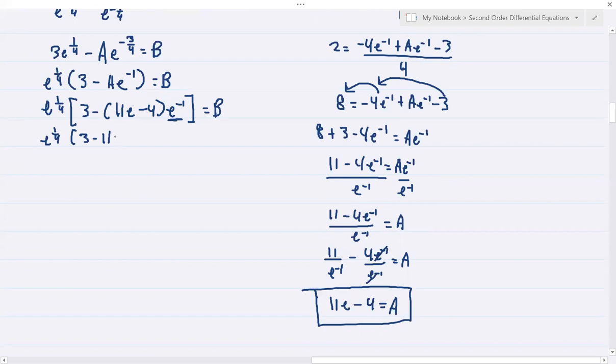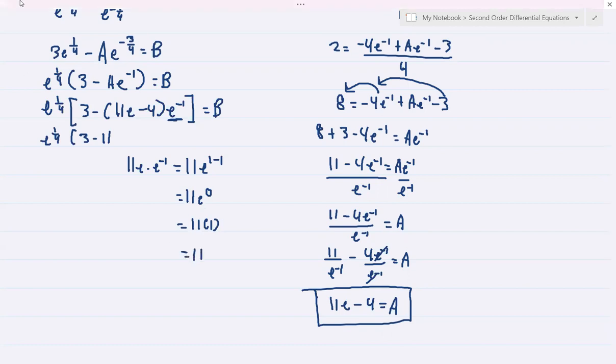Because if you're going to multiply 11e times e raised to negative 1, we will have 11 times e raised to 1 minus 1, which is 11 times e raised to 0. And anything raised to 0 is equal to 1. So we have 11 times 1, which is, as a result, still 11. So we have 3 minus 11.